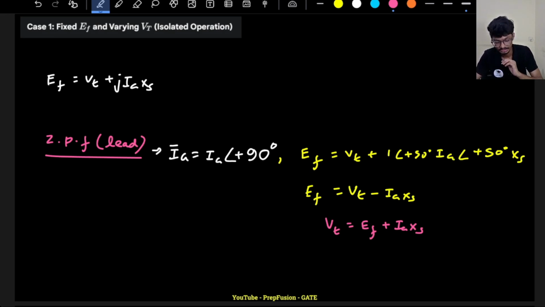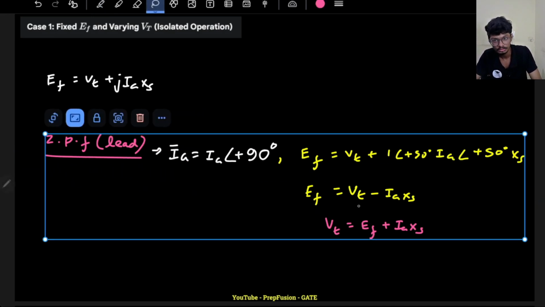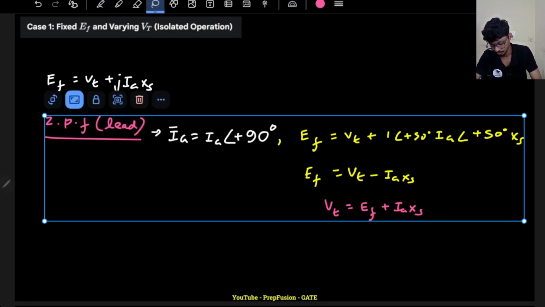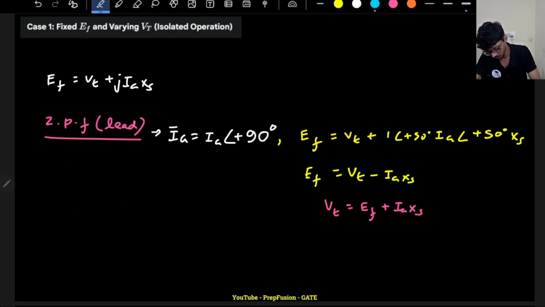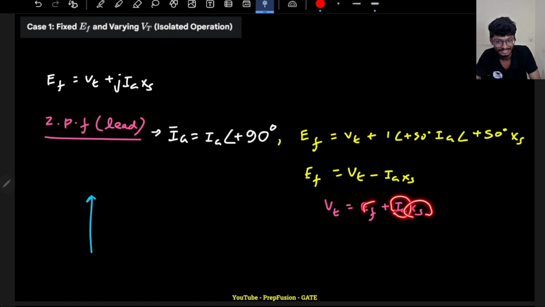How will the graph look? It will be a straight line. What is variable here? Ia is variable; Xs is constant, EF is constant, everything else is constant. Only your Ia is variable.